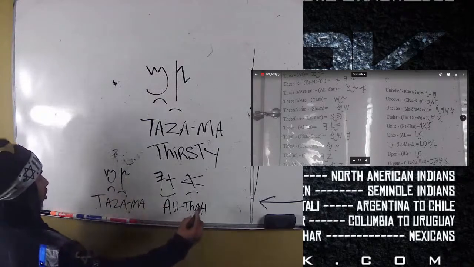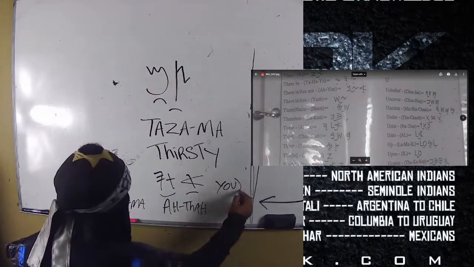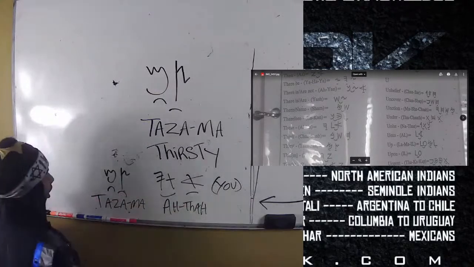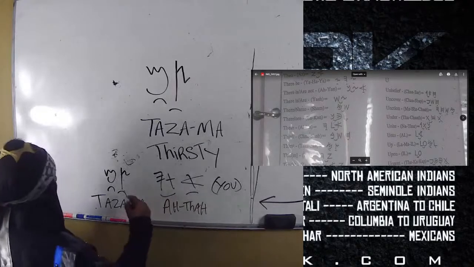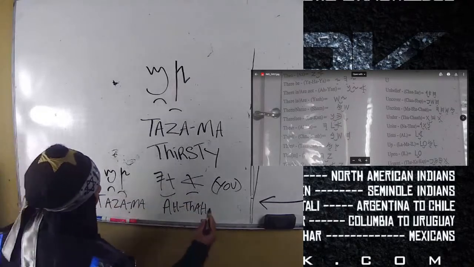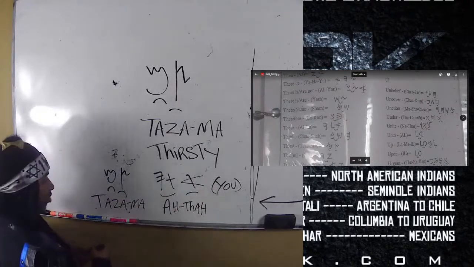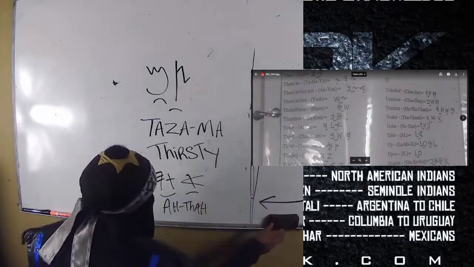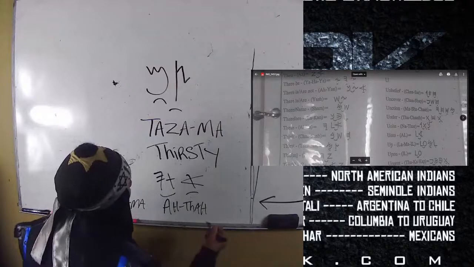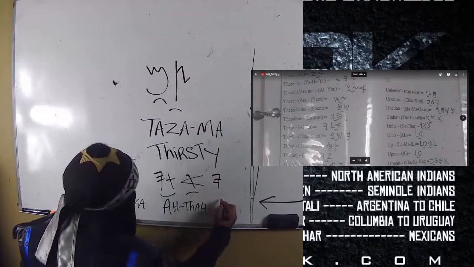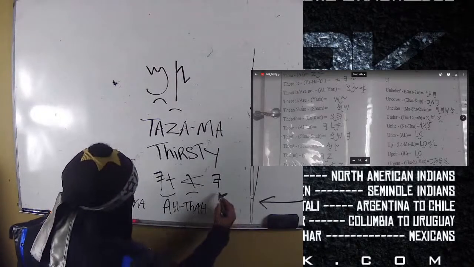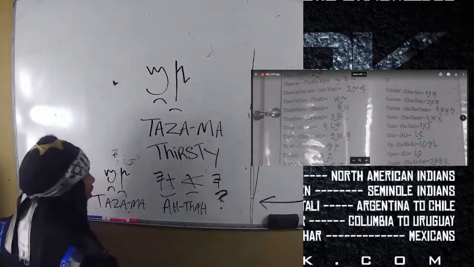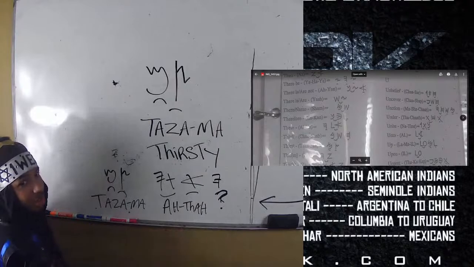Means you thirsty. Now, if you want to ask a question, you can say, ha atazama. I want to say, are you thirsty? All I gotta do is add ha at the beginning of the root word, because ha is forming a question.